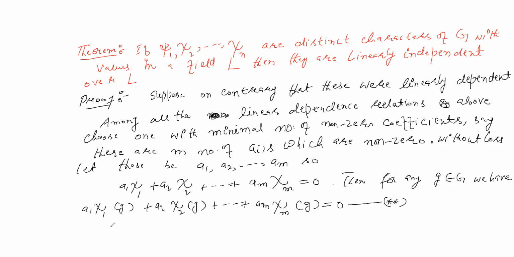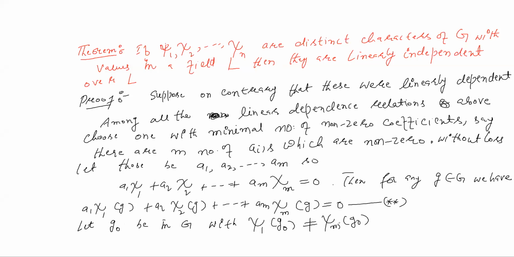Now since they are distinct, let g naught be an element in G with chi1 of g naught not equal to chi m of g naught.